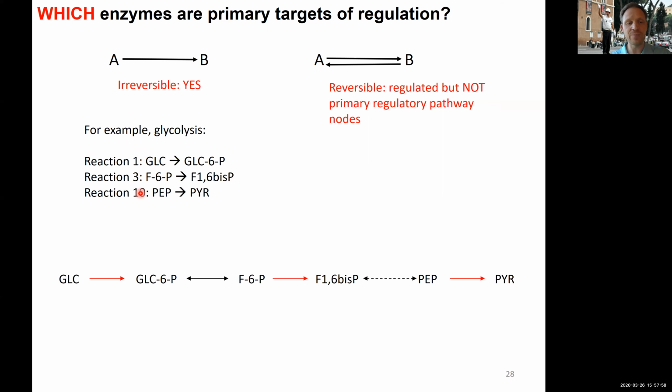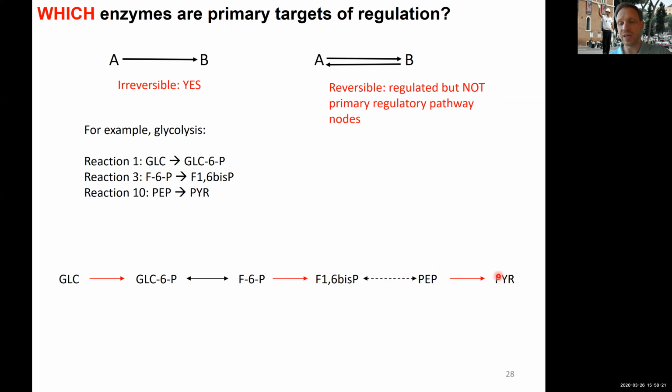So here's glycolysis going from glucose, first reaction to glucose 6-phosphate, then the reversible one, another irreversible one to the fructose 1,6-bisphosphate. Then there are all these reversible reactions all the way to PEP, and then your last reaction, reaction 10, to pyruvate, another kinase.